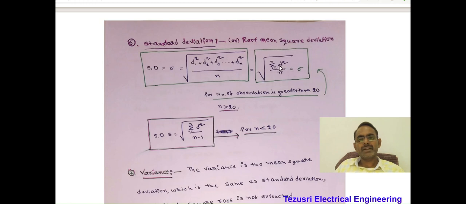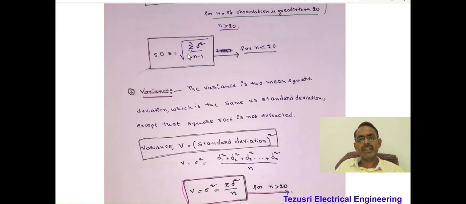That is, square root of sum of the deviation squares by number of samples. This equation is valid for number of samples greater than 20. If the number of samples is less than 20, then standard deviation sigma equals square root of sum of the deviation squares divided by number of samples minus 1.